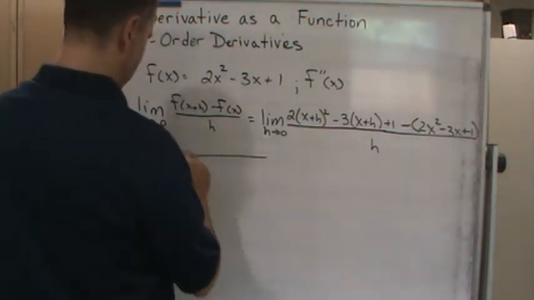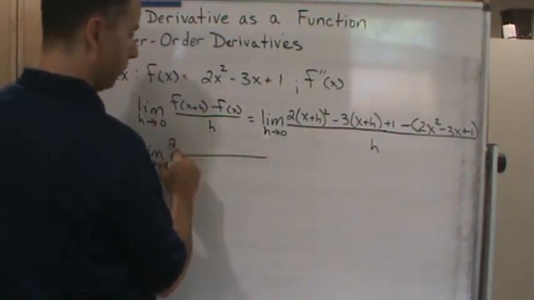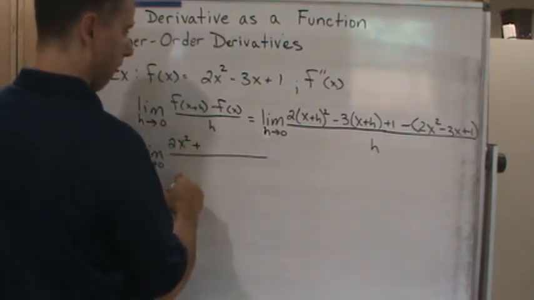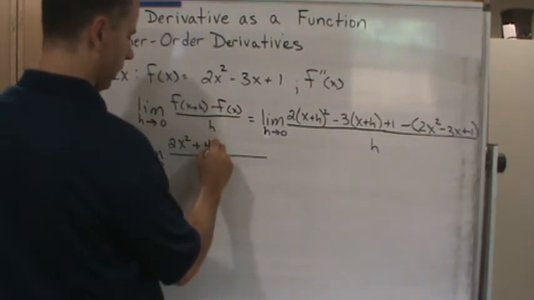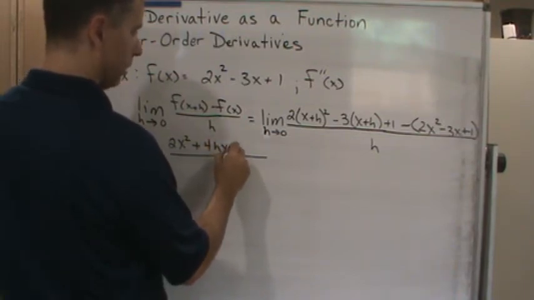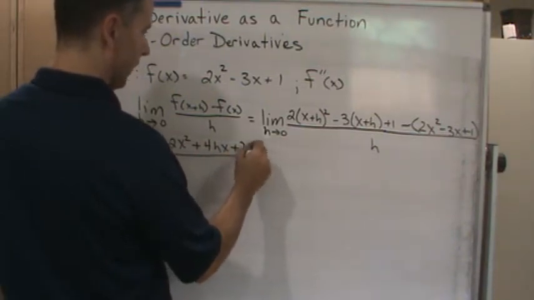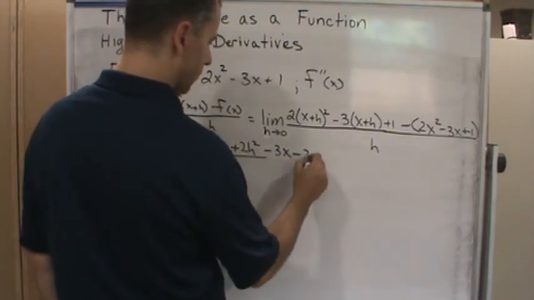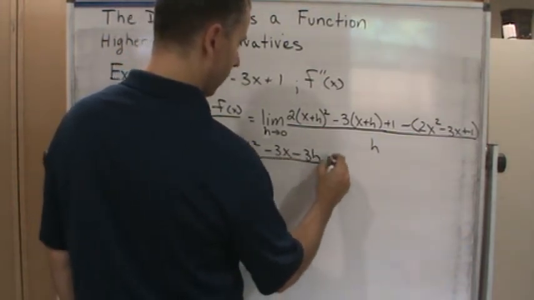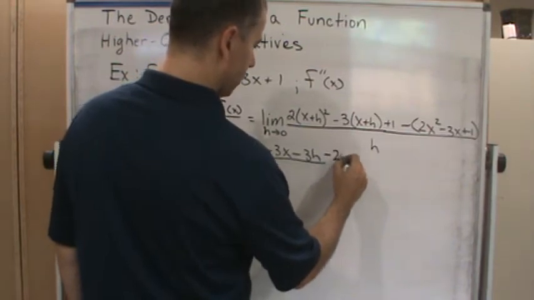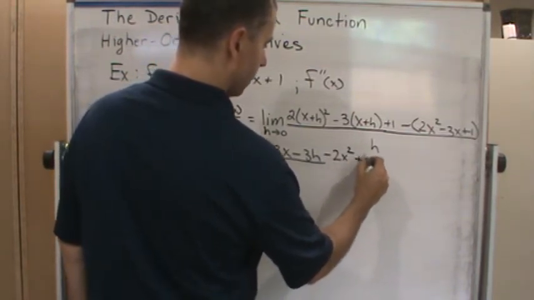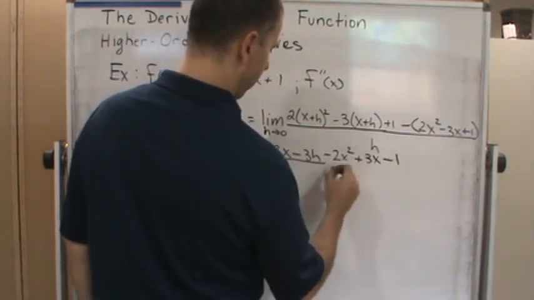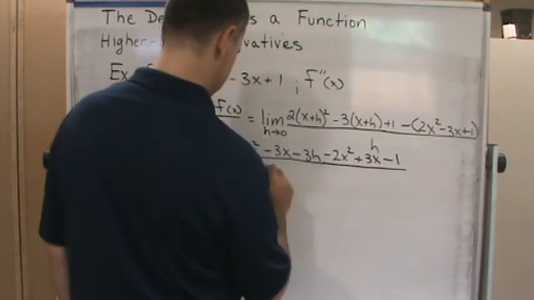Okay, so what do we get? We get 2x squared plus 4hx plus 2h squared minus 3x minus 3h minus 2x squared plus 3x minus 1 over h.